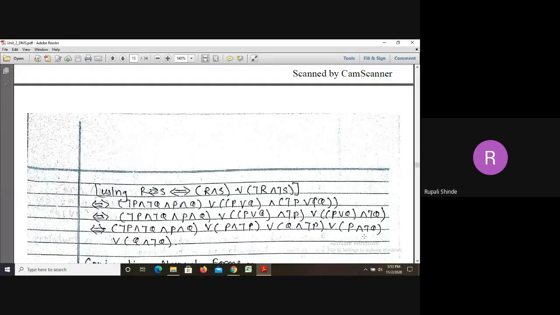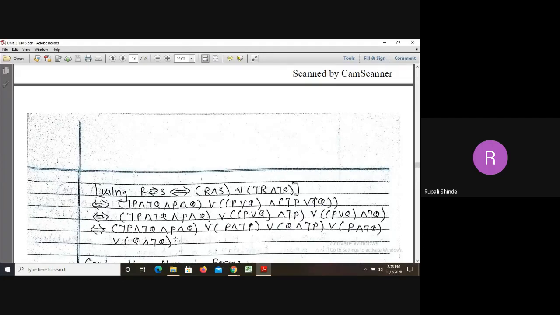Now check, each and every bracket contains and, and outside the bracket or is there. So these are the elementary products, 1, 2, 3, 4, 5. These 5 are elementary products and they are connected together by sum operation, so it is a sum of elementary products.